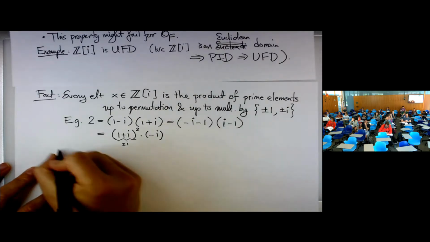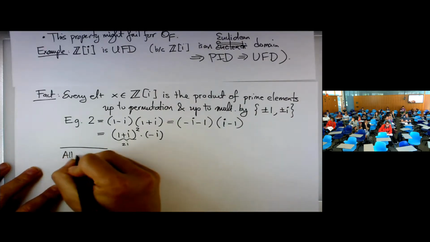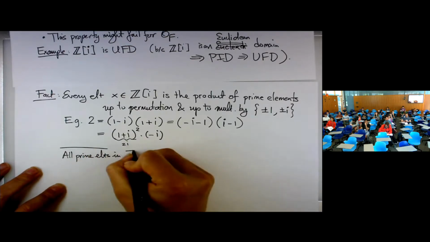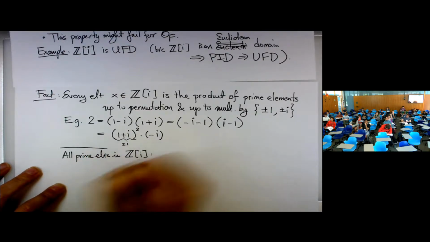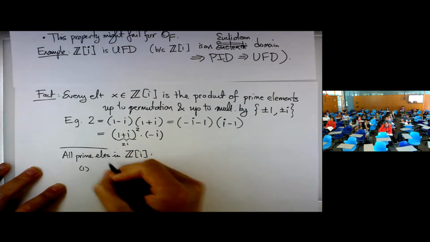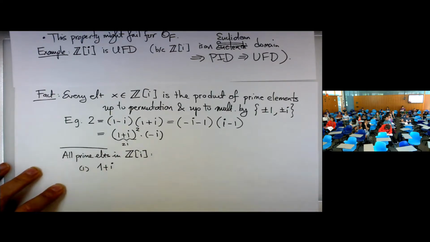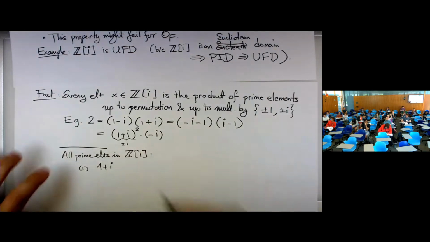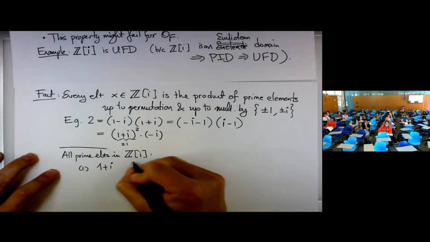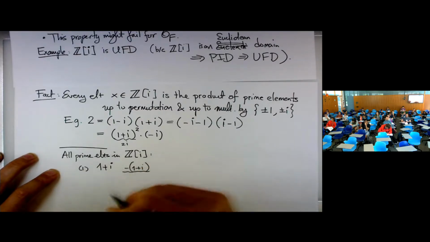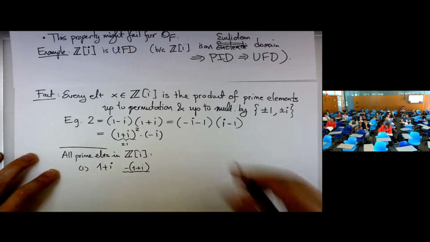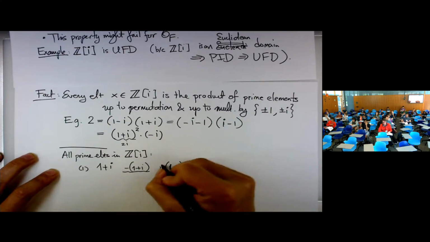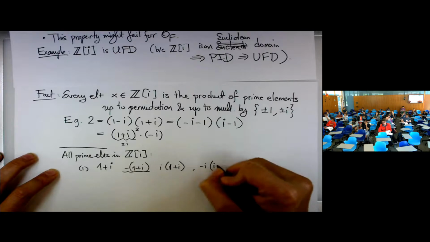Now I'm going to list all prime elements in Z[i]. Well, 1 plus i is one of them. But whenever I list a prime element, I implicitly include its associates: 1 plus i times i, and minus i times 1 plus i.